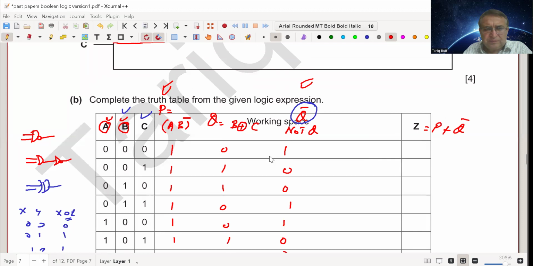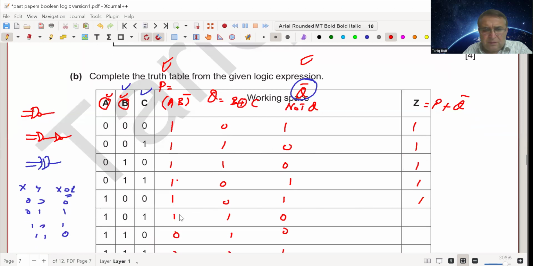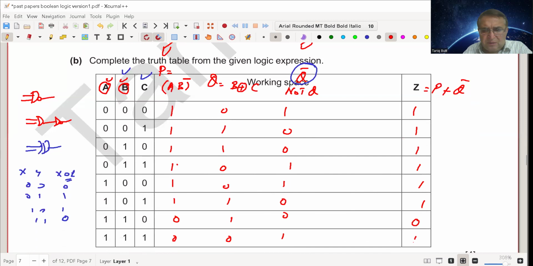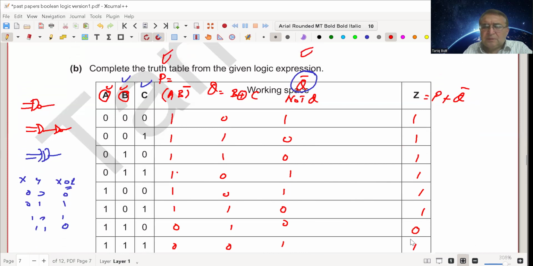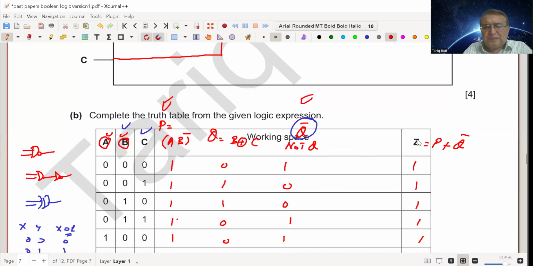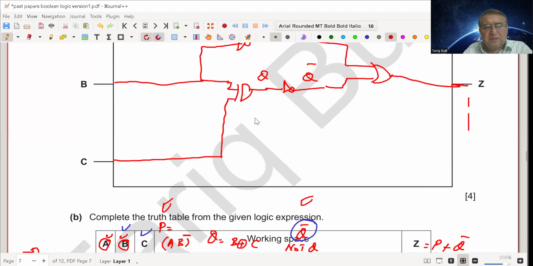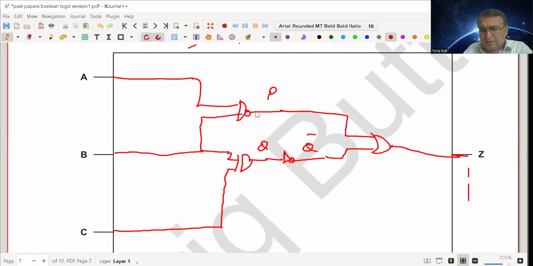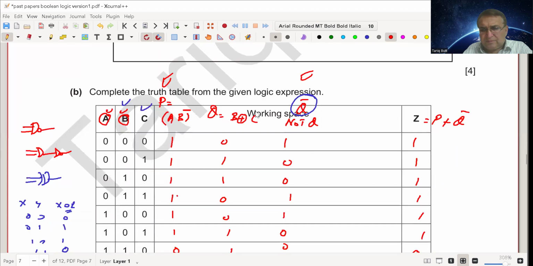So over here, 1, over here, 1, 1, 0 is 1, 1, 1, 1 is 1. Then 1, 0 is 1. 0 OR 0, only over here, the output is 0. 0 OR 1 is 1. So that's it. This is for Z. It's the truth table for this particular logic circuit. I hope it is clear.